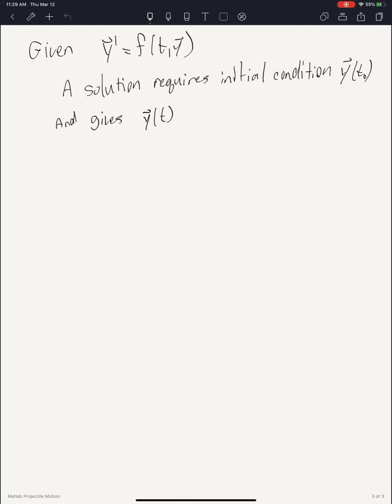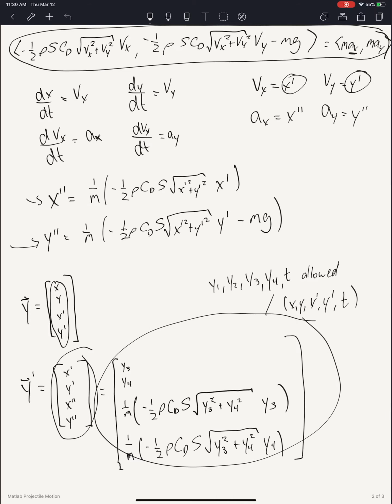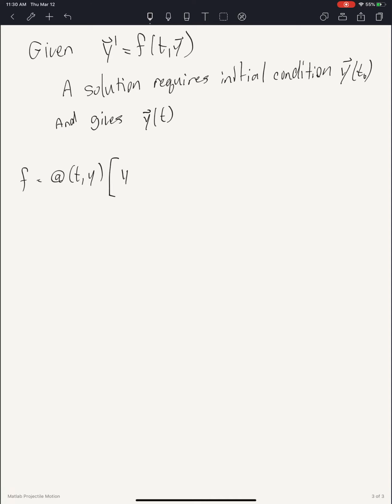In the meantime, let me just describe what we would have. I would make a function of t and y, which is going to be a vector, and it's going to be rather involved. It's going to have all this stuff in it. So it's going to be y3, semicolon, y4, semicolon, 1 over m times all that stuff, semicolon, 1 over m times all that stuff, minus mg.